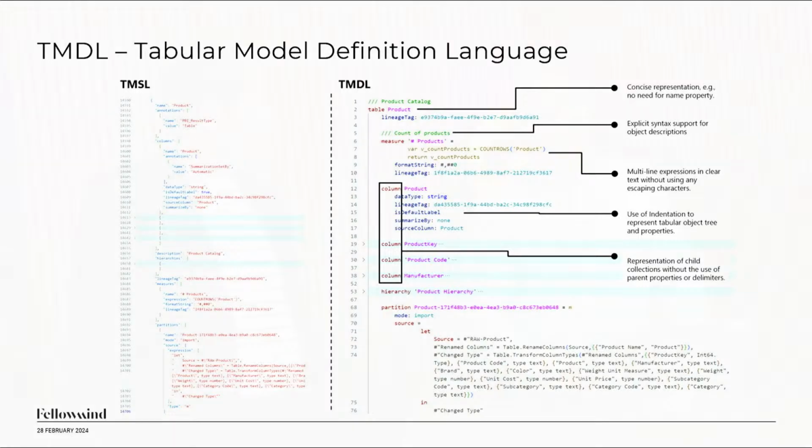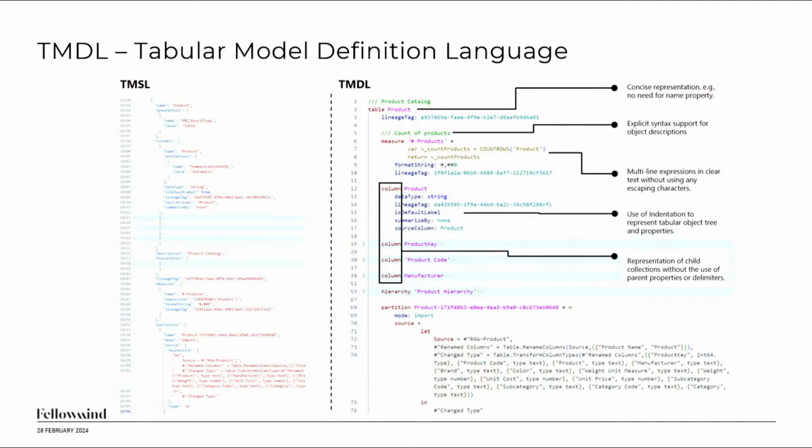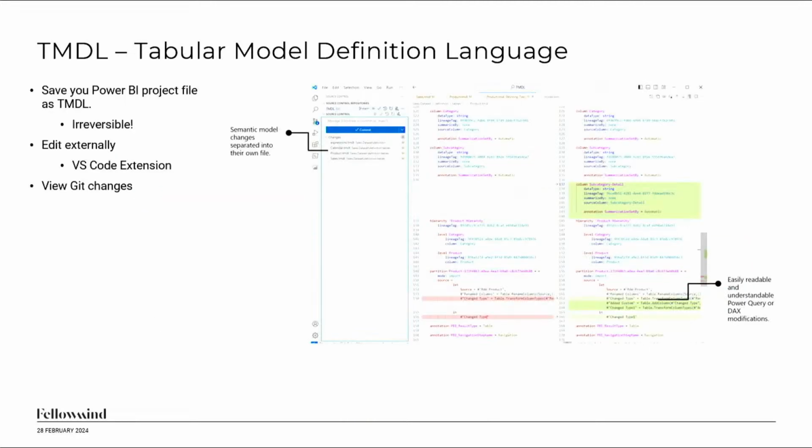I know you really like reading JSON files, but it introduces a new and more readable format for the semantic models and the contents of those. Perhaps you can see on the screen here that you've got a lot better styling of the document. It's more readable, and it's actually also editable in external editors.